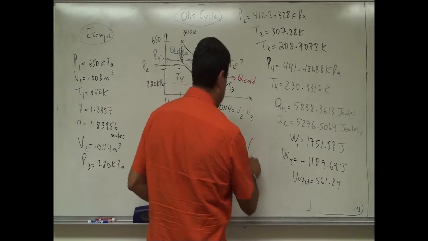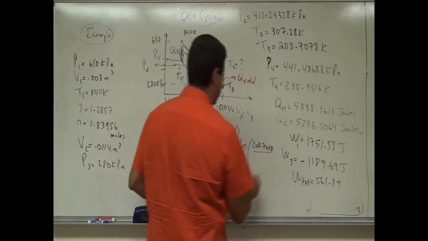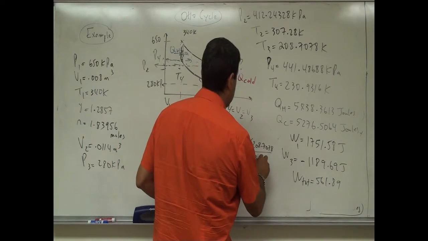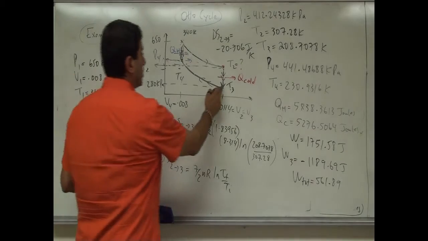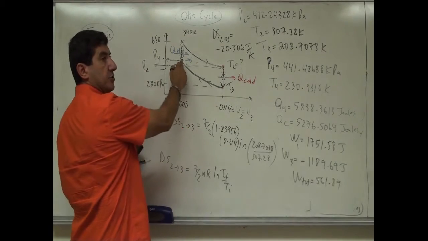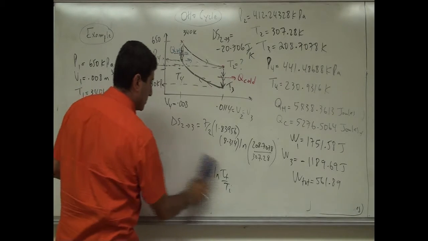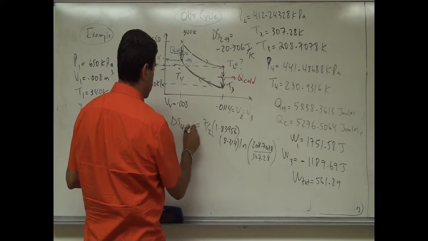T3 is going to be 208.7078 over T2, which is 307.28. Okay, so then the change in entropy from 3 to 4 is going to be 0 since it's adiabatic, and then from 4 back to 1, I can just change this slightly, 4 to 1.